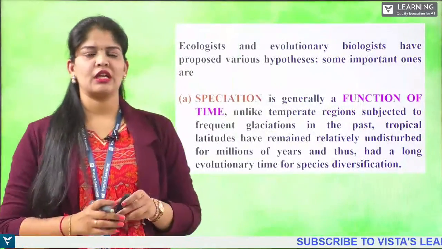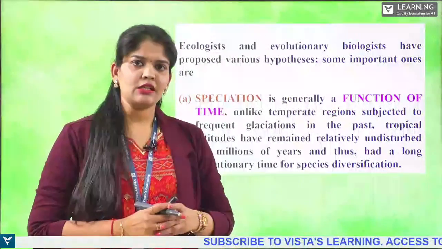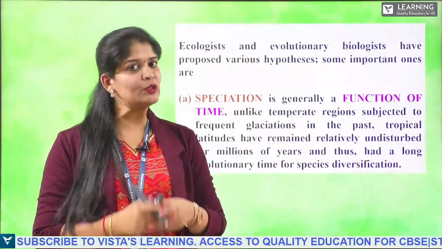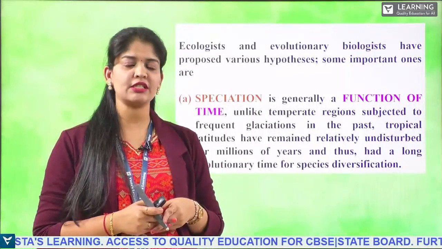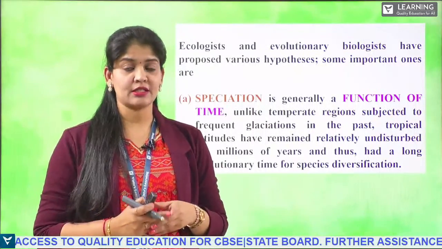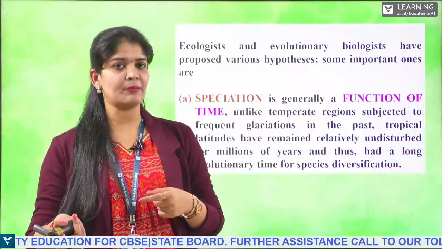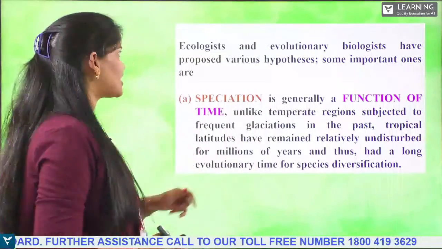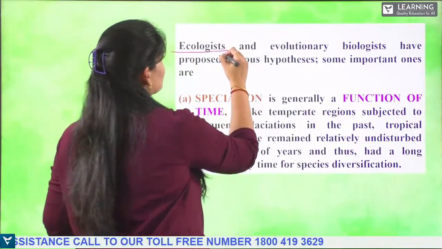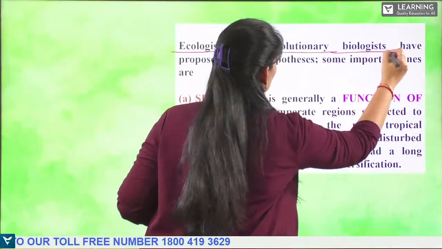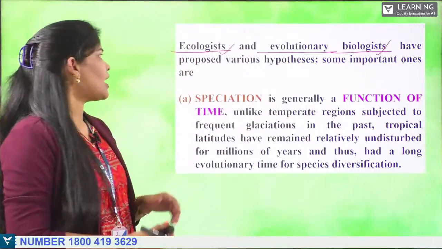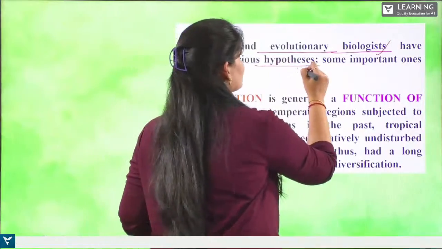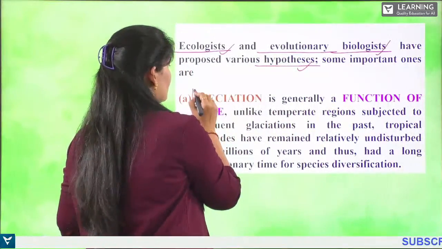So here, to explain why this is happening, why we are able to find more species only in the tropical regions when compared to the temperate regions. Why do the temperate regions have less biodiversity when compared to the tropical regions? For that, ecologists and evolutionary biologists have proposed various hypotheses, and some important ones are here.